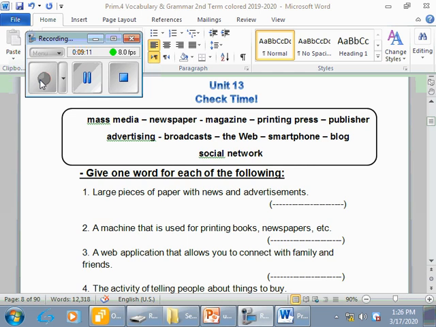Okay, guys, now I want you to open page 8 in the vocabulary booklet. We will start with answering the first question. Give one word for each of the following. Number 1, large pieces of paper with news and advertisements. What do you think the word is? Perfect, it's newspaper.